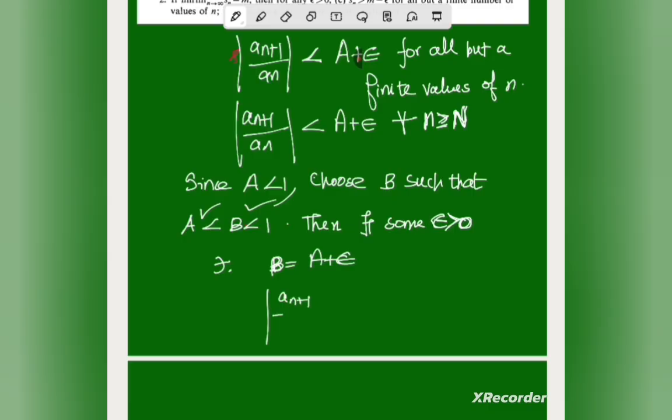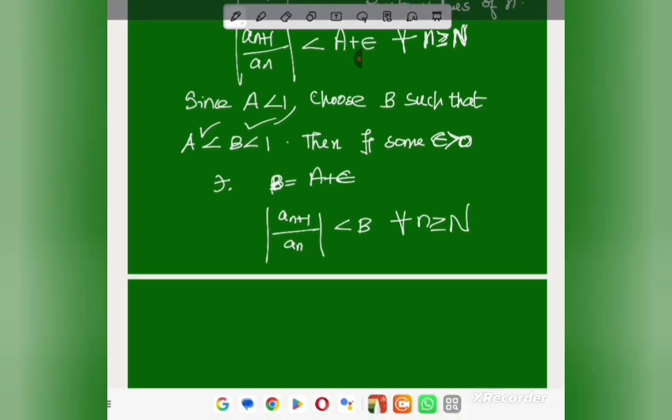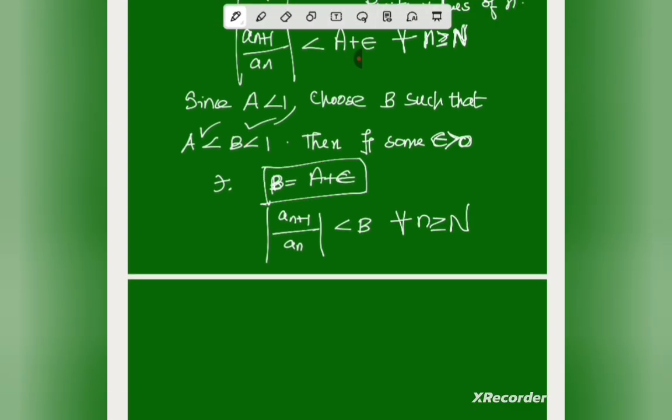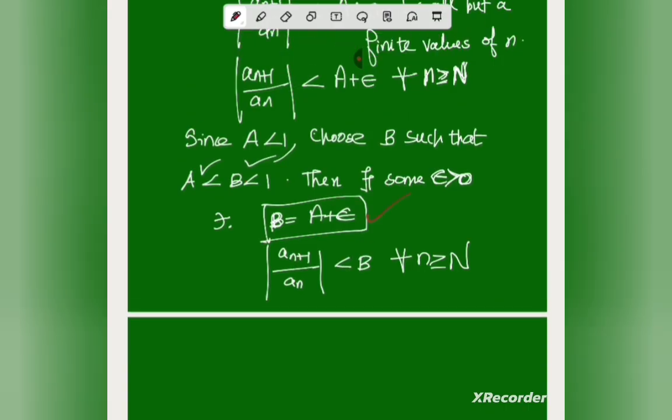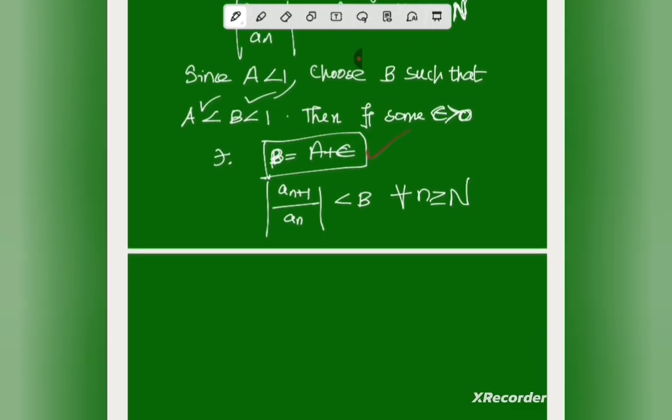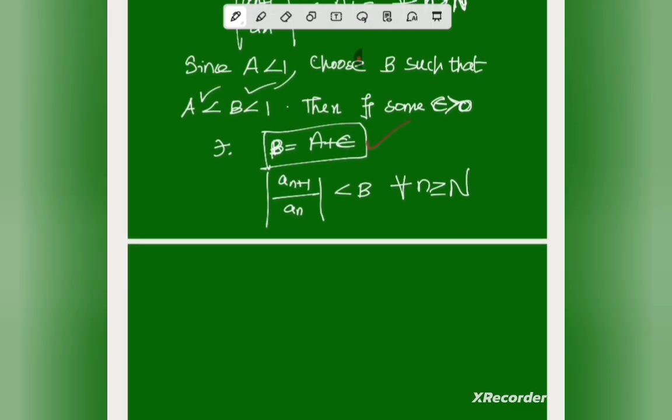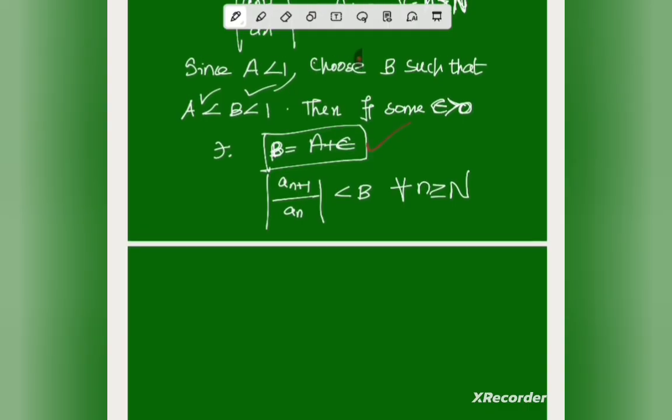Therefore I will get a(n+1) by a(n) is less than B for all n greater than or equal to capital N, because I have taken B to be A plus epsilon, right? So since B equals A plus epsilon, I can write a(n+1) by a(n) is less than B for every n greater than or equal to capital N. So by applying this, what shall we get?